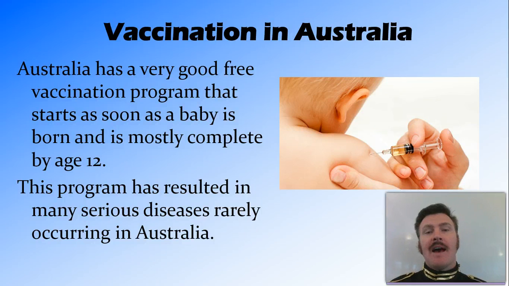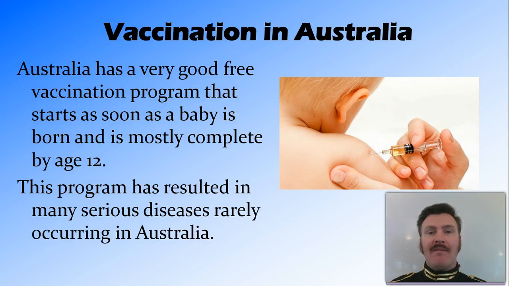In Australia, we have a free vaccination system that's very effective, and within minutes of being born, a baby will have its first vaccination injection, and these continue in a schedule and usually finish at about age 12, except for the boosters for a few things that need to go on throughout the whole life.